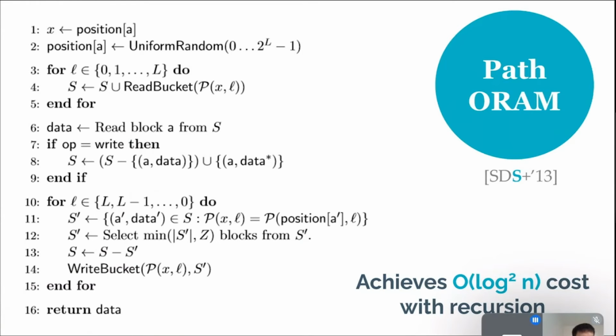So this is the idea: we are going to do the eviction more aggressively. Path ORAM essentially performs eviction on the read path. Every time I have to read a block, I will grab a path, but then I will pack blocks on the path as close to the leaf as possible without violating the path invariant. So it's kind of like the most aggressive eviction algorithm on the path.